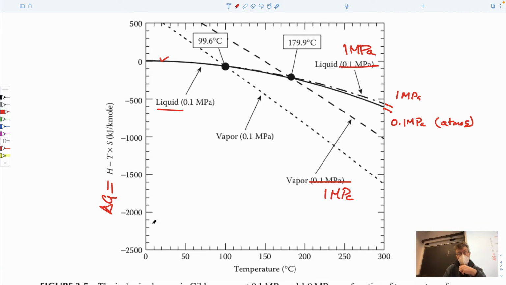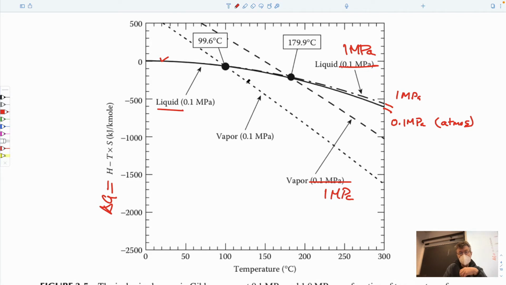Conversely, if you look at a vapor and you change the temperature, then the Gibbs energy in the system, in this particular case, you see it becomes increasingly negative as you increase temperature. It's not decreasing, it's just that the scalar of the system is negative.